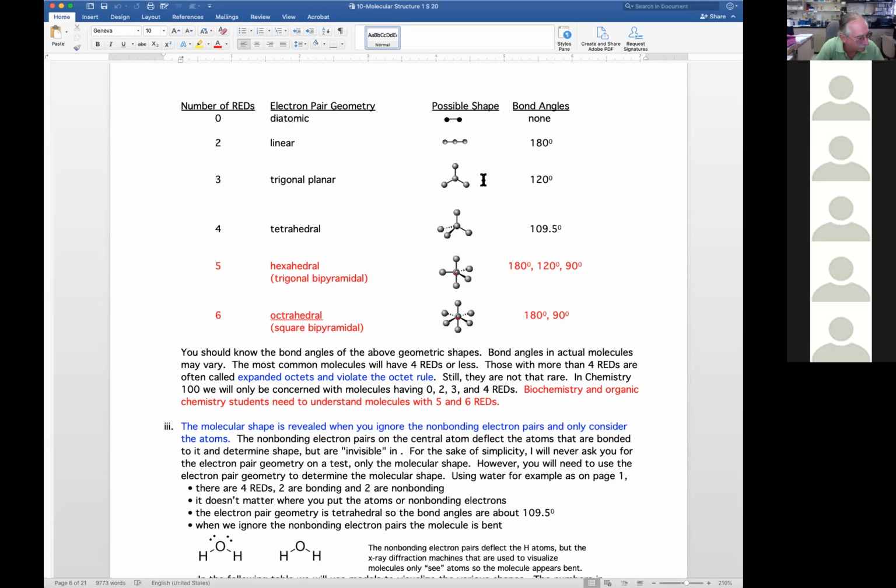What if you have 4 regions of electron density? Then you have this shape, right? This shape is known as tetrahedral because there's 4 sides. It's like a tetrahedron, right? So here's one side on my hand, 2, 3, and then 4 sides.